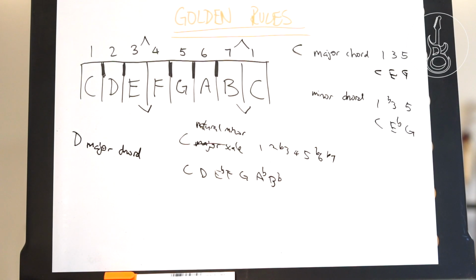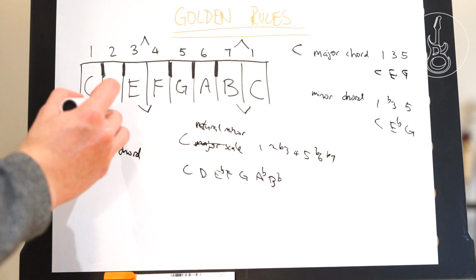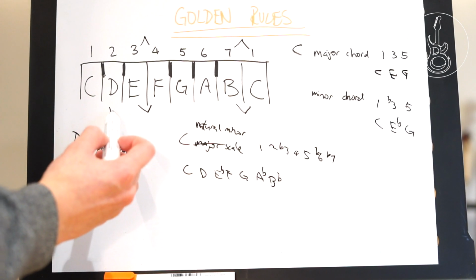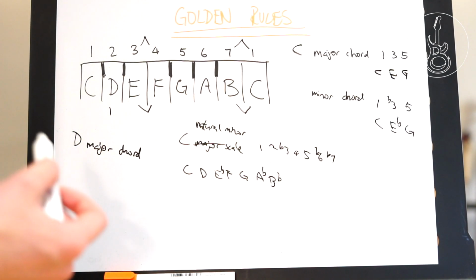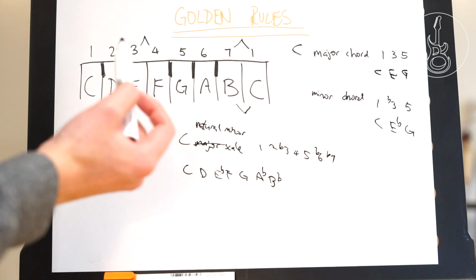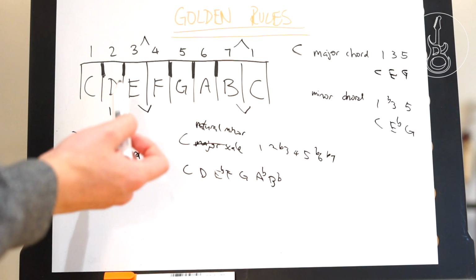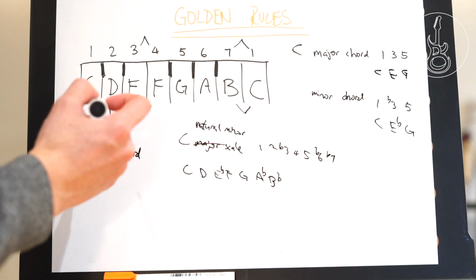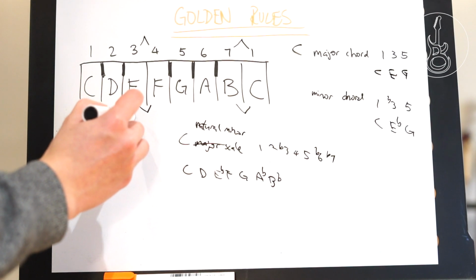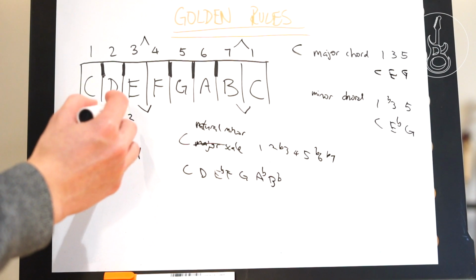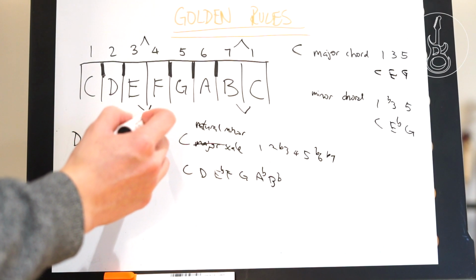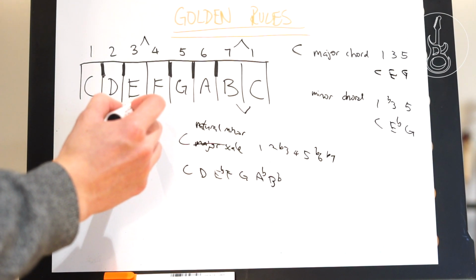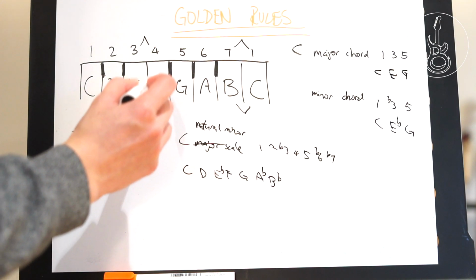In that case, you would have to use D as 1 and do the numbers up as you would, bearing in mind the golden rules, which are E and F, B and C, 3 and 4, 7 and 1 are half steps. So 2 is going to be our E, full step, right? 2 to 3, however, okay, 3 is not F, 3 is going to be F sharp.